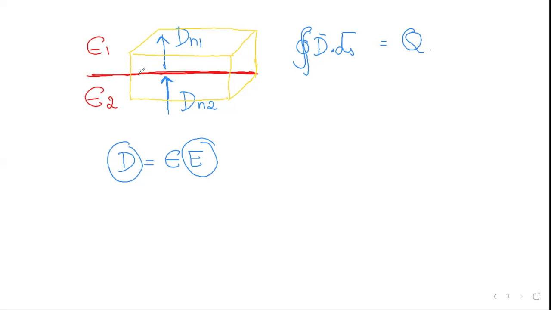Now suppose there is some charge enclosed over here, for instance some charge at the interface. I will have to show it as surface charge. So if at all there is charge, then I will have rho s into that area which is enclosed in that Gaussian surface to give me the charge.